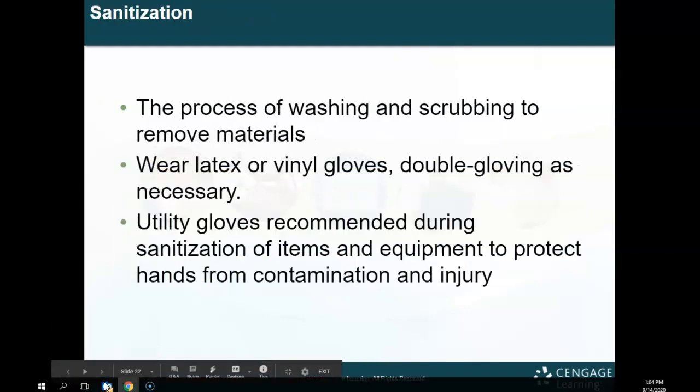All right, now we're going to move on to sanitization, the process of washing and scrubbing to remove materials. Now, on your final test for this whole section, when we get into the big kahuna at the end, there's a question that asks you what the difference is.